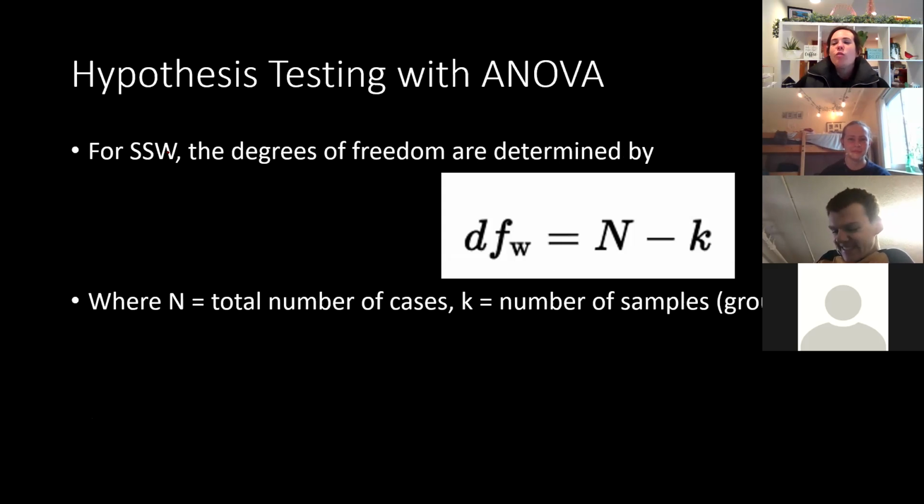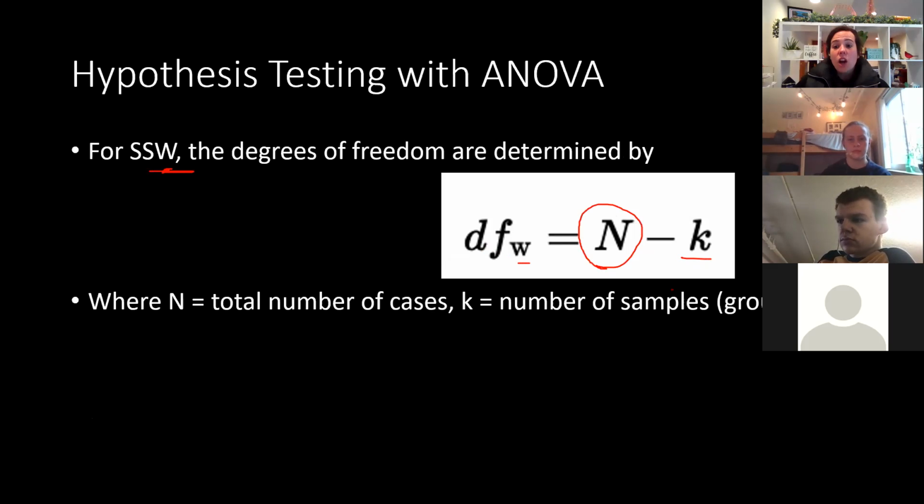For the sums of squares within, the degrees of freedom, degrees of freedom W, are determined differently than for the sums of squares between. It's the total number of cases minus the number of samples.